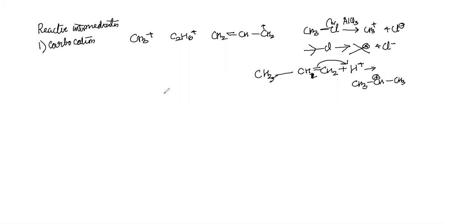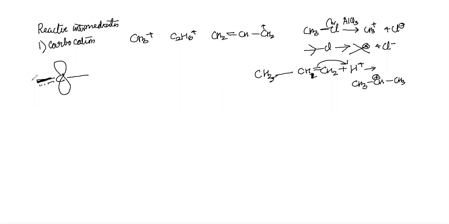Okay, now the structure of carbocation. See, this is the structure of carbocation. Trigonal planar. There will be 3 sigma bonds in the same plane, and then there is an empty orbital.